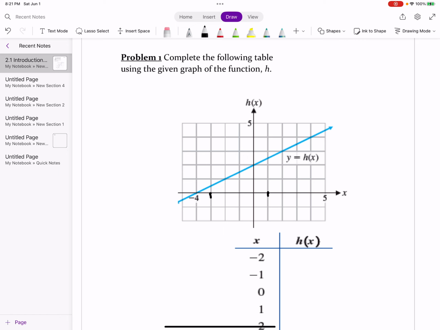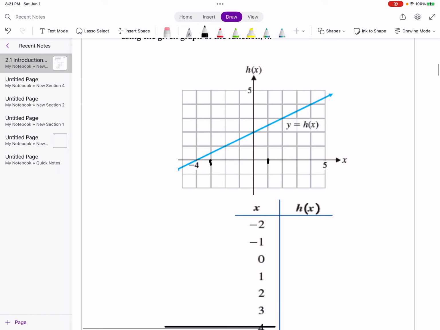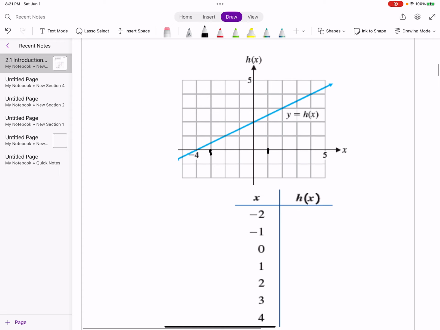For example, let's see also this is a continuous function. There is no gap on the function. There is no hole. Now you can read from the graph, for example, when x is negative 2, it is positive 1. When it is negative 1, it is around 1.5.